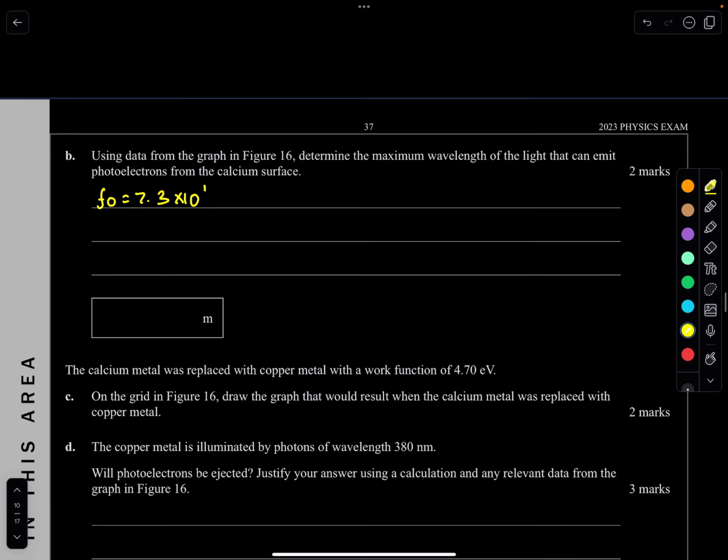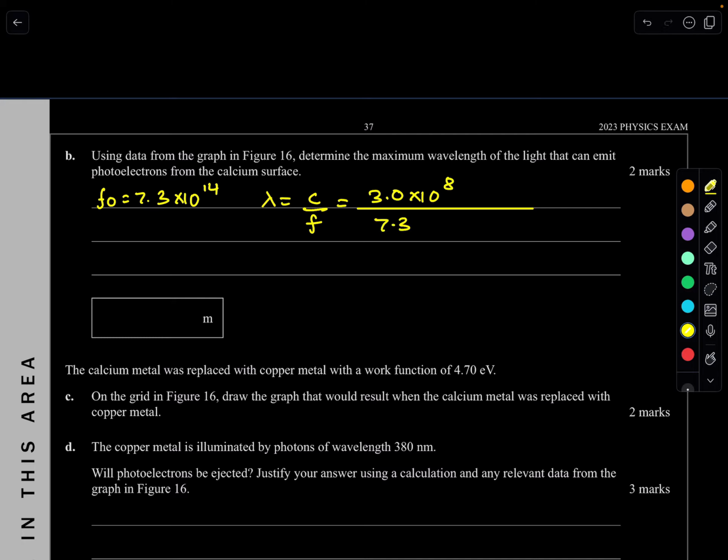14. We know that your wavelength is your speed of light over your frequency. Hence, it is just going to be 3.0 times 10 to the power of 8 divided by that 7.3 times 10 to the power of 14.